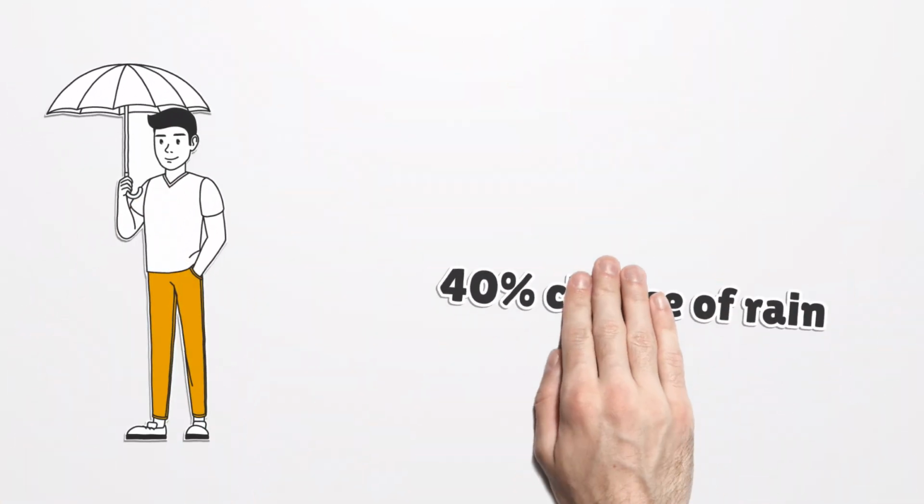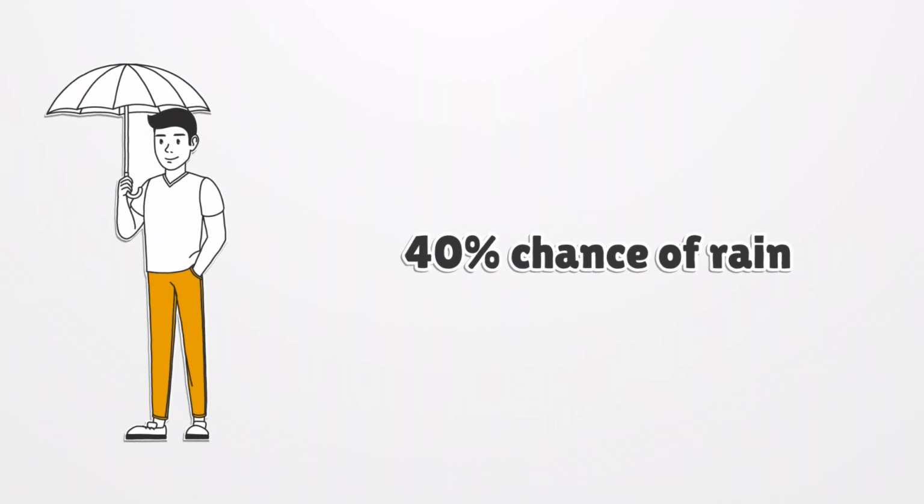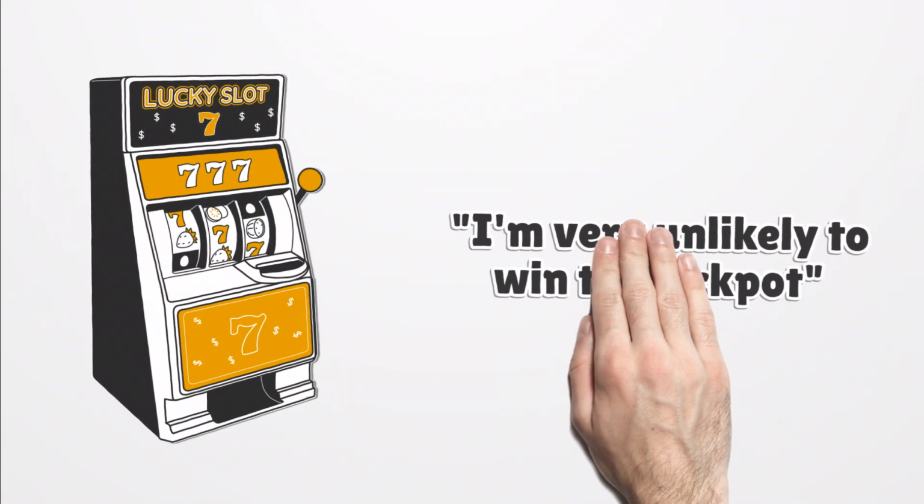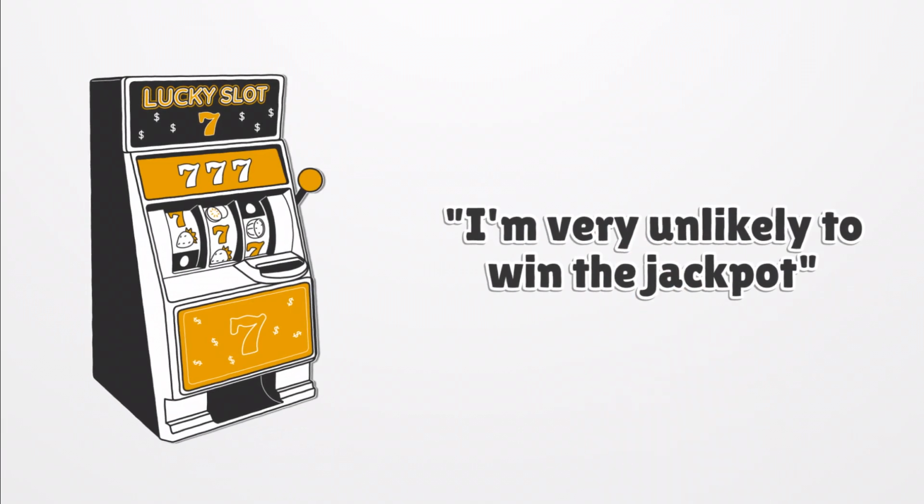Let's take an example. If it rains 40% of the time that a weather forecaster says there's a 40% chance of rain, then the statements were true. It gets more complex if we've only got one statement to work with, but the basic idea is the same. We can use our understanding of probability to make valid arguments about uncertain things.